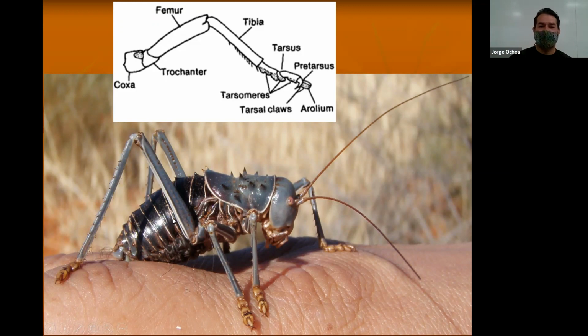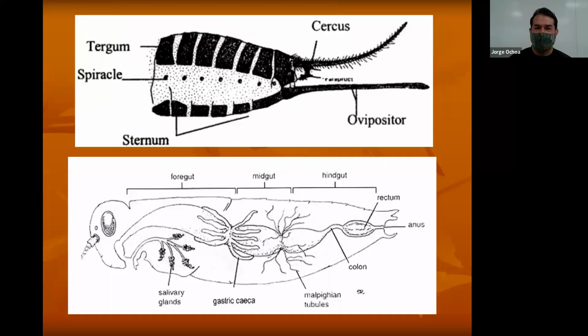You see a very muscular big leg because they need it to jump high. Later on, when we see the praying mantis, their front legs are modified into raptorial arms, and that's just for grabbing and keeping and eating as they hold their prey.